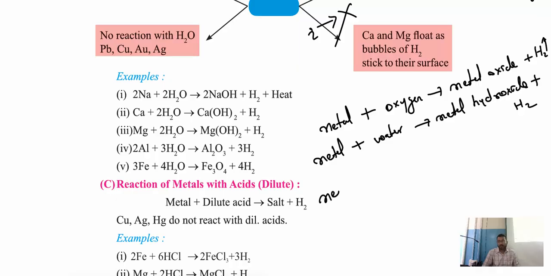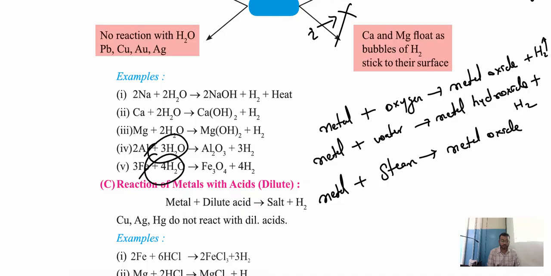Similarly, when metal reacts with steam, it gives metal oxide. समझे बेटा? कब खाली ऑक्साइड आ रहा, कब हाइड्रोक्साइड आ रहा? You can see here, I told you, H2O, H2O. Here also H2O. Here we are getting hydroxide. Here we are getting only oxide.